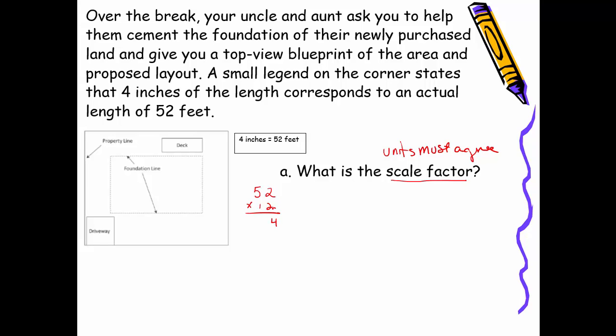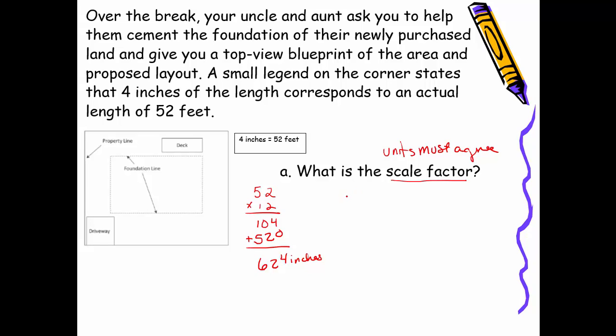2 times 2 is 4, 2 times 5 is 10, 0 as a placeholder, 1 times 2 is 2, 1 times 5 is 5. Add those up. 4, 2, 5, and 1 is 6. So that tells us, and you can use your calculator. I don't have one in front of me at the moment, so I just went ahead and did long multiplication.